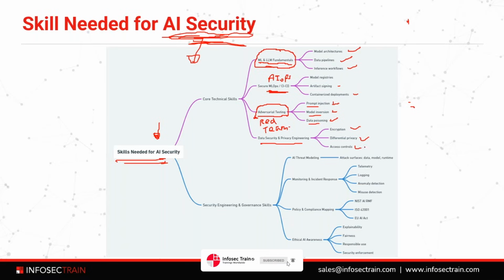Then applying access controls and basic cyber security principles, like the principle of least access, defense in depth, and access control mechanisms. Anyway, if you're in cybersecurity, I would assume that you already have these skills. But if you don't, you just develop more upon these skills in this age of AI.